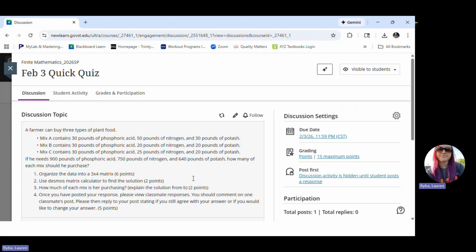If you then need to turn it into equations to make your matrix, that's fine. It's just a matter of where your total falls, if it's a row or a column. And as always, talk to each other, figure it out.